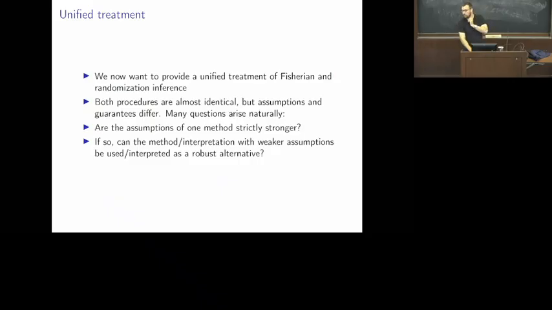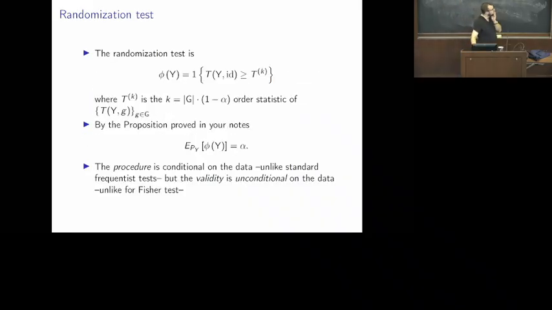I think it might just be asking each other's question, but if you go back to the previous slide, when you were writing down what it means to be unconditionally valid, you're taking that expectation just with respect to the outcome data. But if I'm taking a look at the data that I have on my computer, the CSV file, I'll have the outcome data as well as which treatment group you're assigned to.